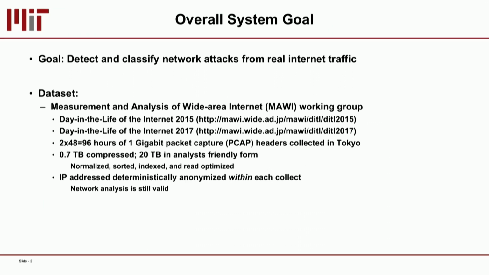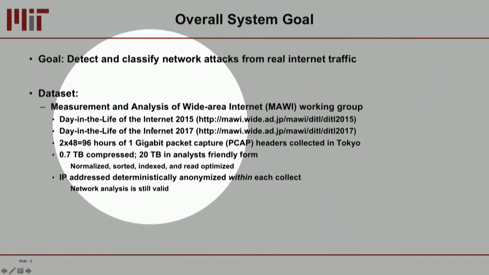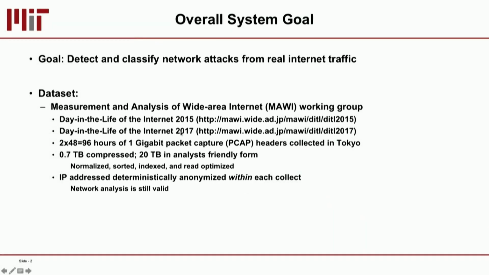Within that is a thing called the Day in the Life of the Internet, and this has been going on for multiple years. The data set's reasonably large when you convert it into what we call an analyst-friendly form, which is something that you or I could read and make some sense out of. It's about 20 terabytes in size, so a reasonably large data set, not going to fit on a single computer or a single node. Certainly a good use case for high-performance computing or supercomputing.